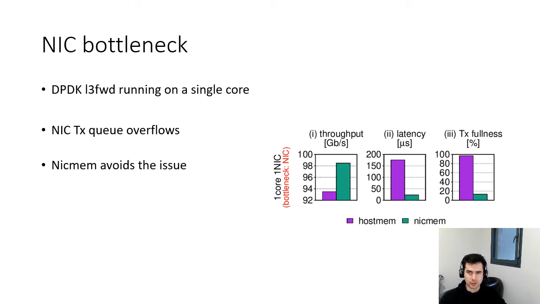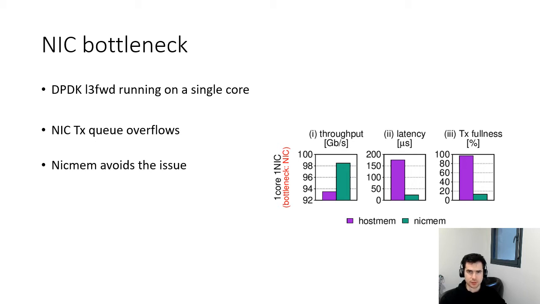Here, we run DPDK layer 3 forwarding on a single core and load it with 100 gigabits per second. We observe low throughput and high latency with hostmem when compared to Nicmem. When investigating this further, we discover that the transmit queue is overflowing, causing packet loss and high latency.